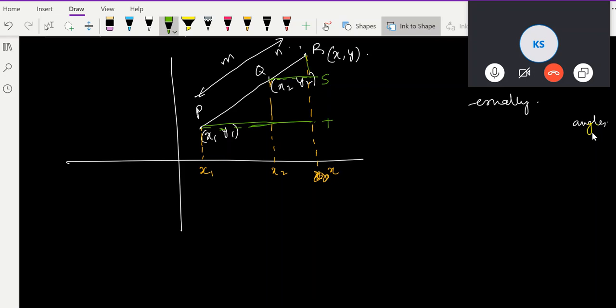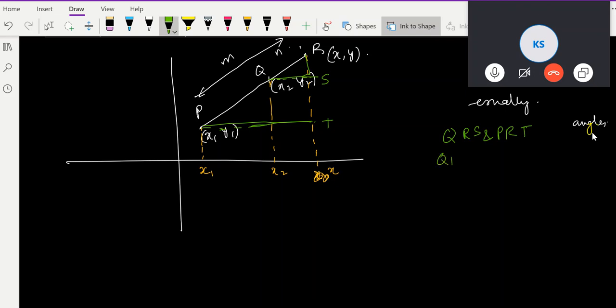I can clearly see that there are two similar triangles, which are QRS and PRT. These are similar, so the corresponding sides would be proportional, right?